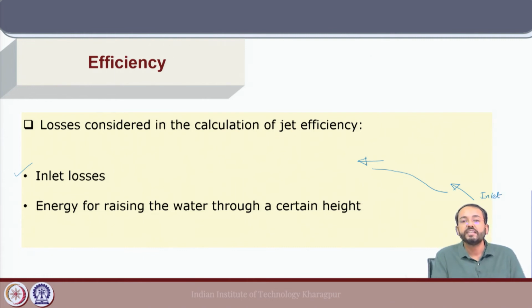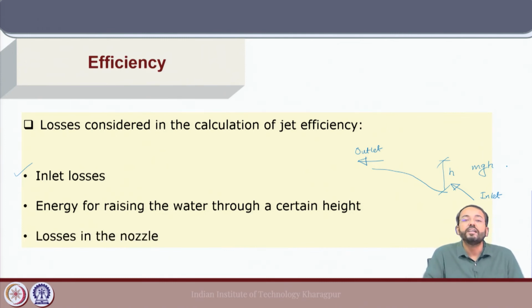So, inlet is at the bottom region of the ship here, and from the stern we have the outlet. So, between the inlet and the outlet, the height of water is being raised by an amount h, and energy is required to raise the water through this particular height, which is mgh, and this should be included in the losses while calculating the efficiency.